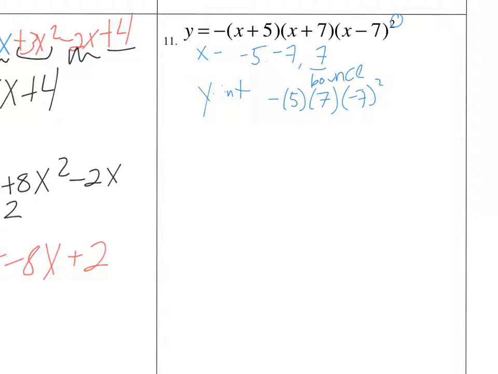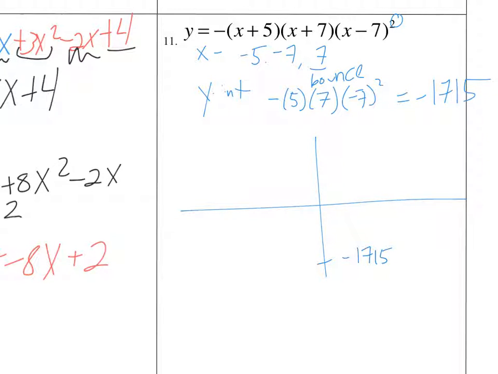So negative 1,700, and that's going to be plus another 15. So we're looking at negative 1,715. Someone can tell me if I did that math wrong at some point. All right, so negative 1715.